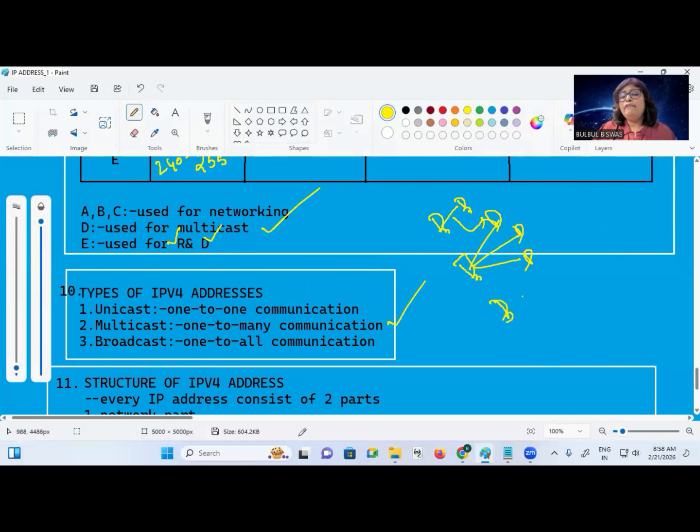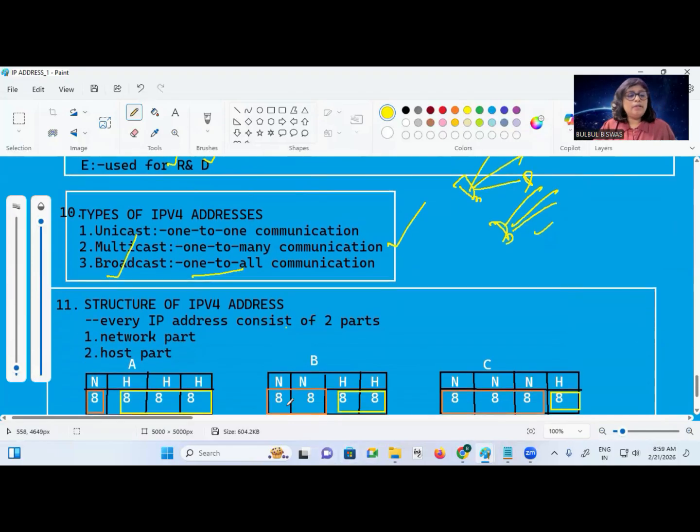Now, if one device is communicating with everyone in the network, every device there is, at a time, that means one to all, and we call it broadcast communication. Is it clear? So we consider there are three categories of addresses in IPv4: unicast, multicast, and broadcast. Fine.